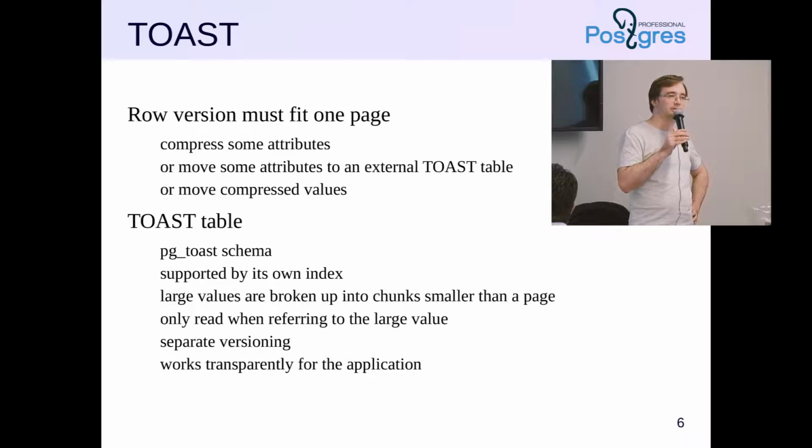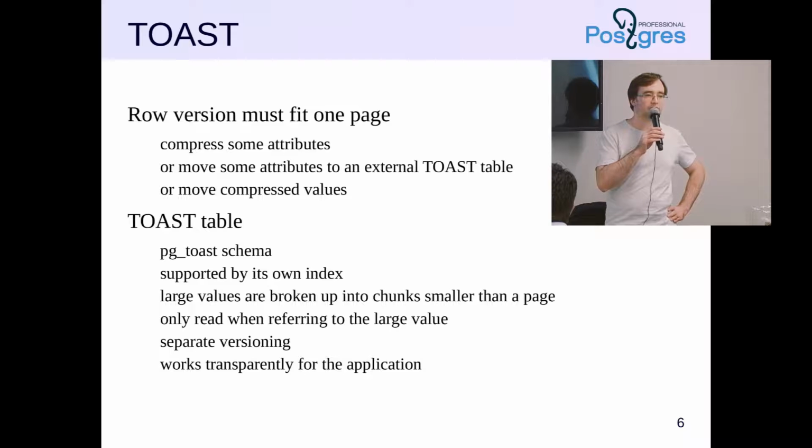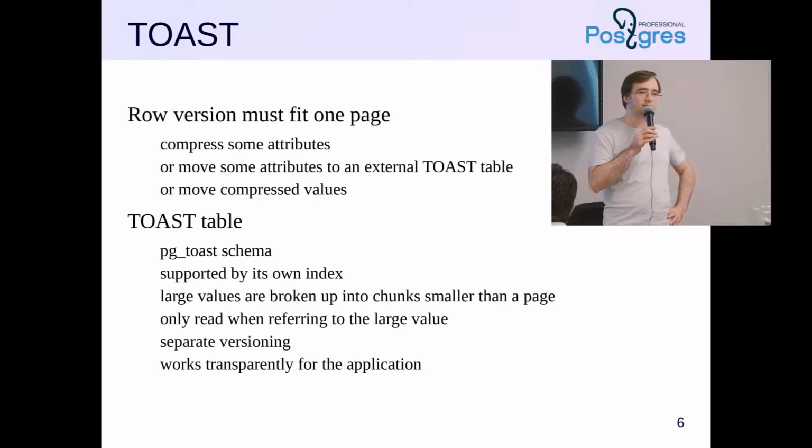And another interesting concept is toast. Postgres requires a row version to fit into one page. And one page is usually 8 kilobytes. But 8 kilobytes is quite a small amount of memory. So if you have a row which is longer than 8 kilobytes, Postgres uses this toast technique.